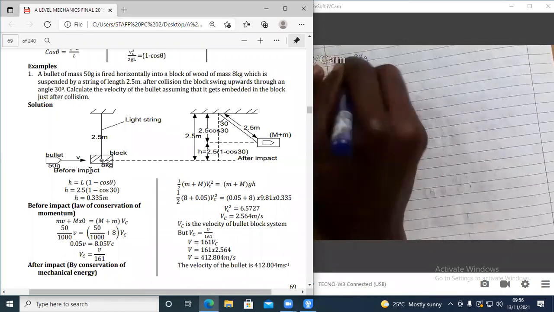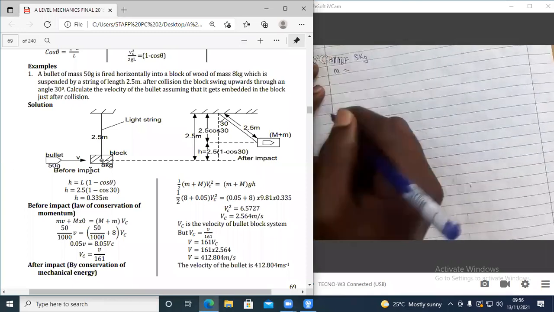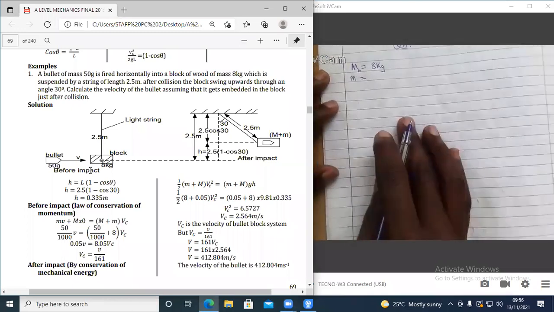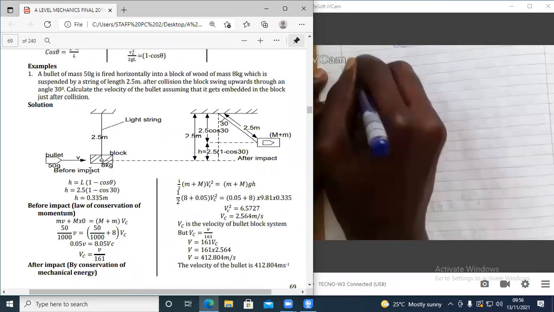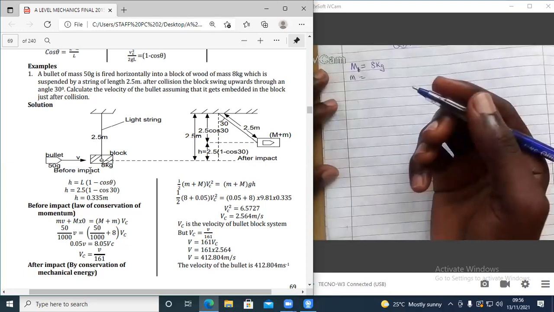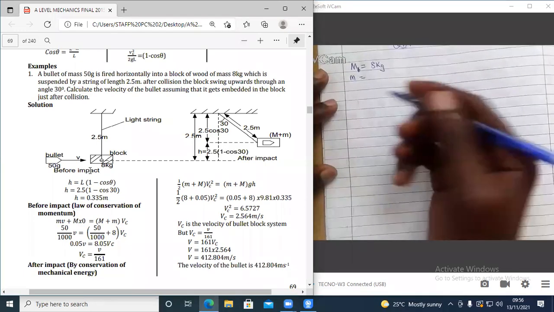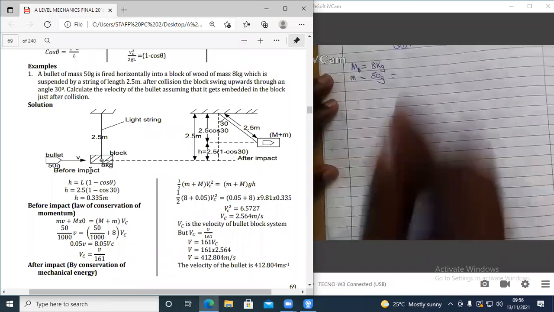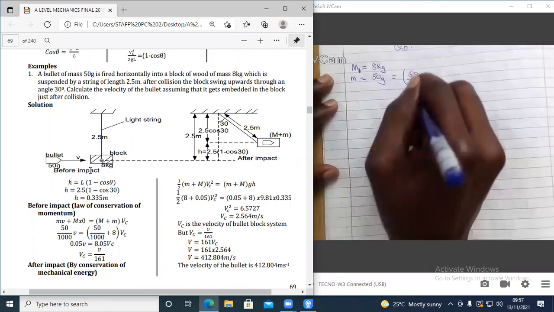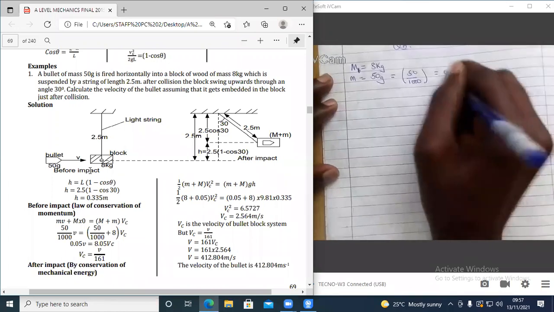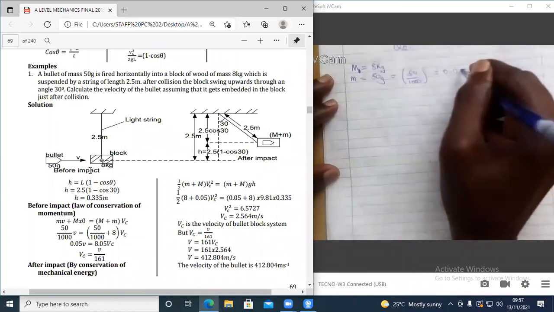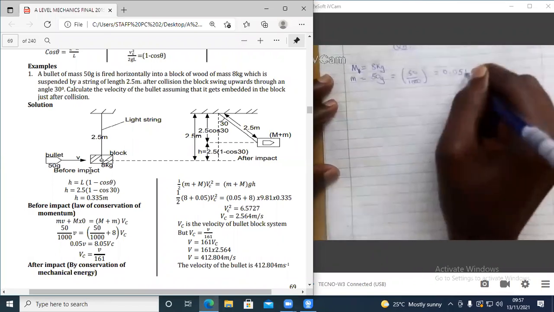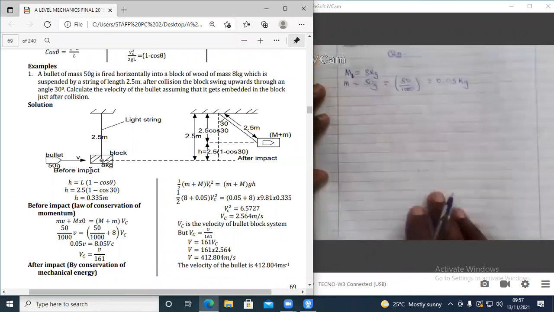Then the small m, the mass of the bullet, I can call MB or M1, depending on how you want to call it. This is 50 grams, but you have to change it to kilograms. 50 divided by 1,000 gives us 0.05 kilograms.